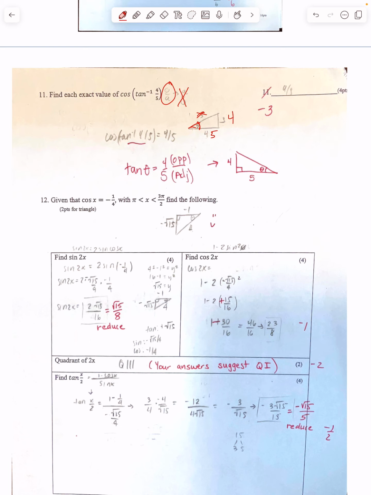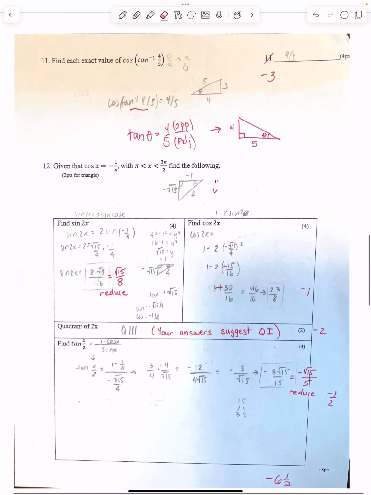The hypotenuse is going to be whatever 4 squared plus 5 squared square rooted is, right? You're going to have to do that Pythagorean theorem and you'll get something different there. So part of that was just creating your triangle incorrectly. You put the sides in the wrong place, which then, of course, no matter what you do, it's not going to give you the right answer later.